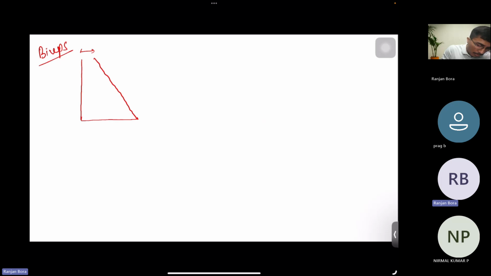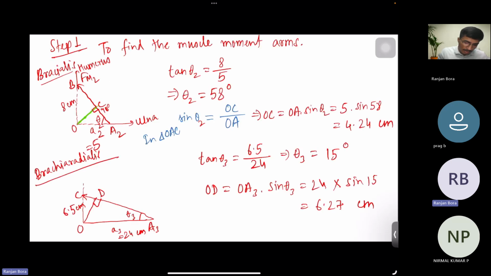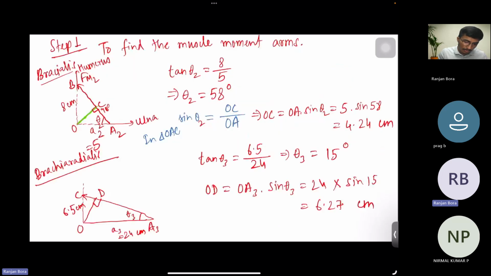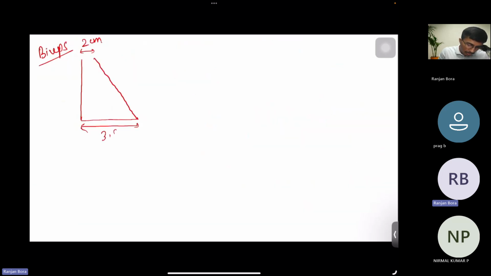This is 2 centimeter, and A1 is 3.8, and this is 32.